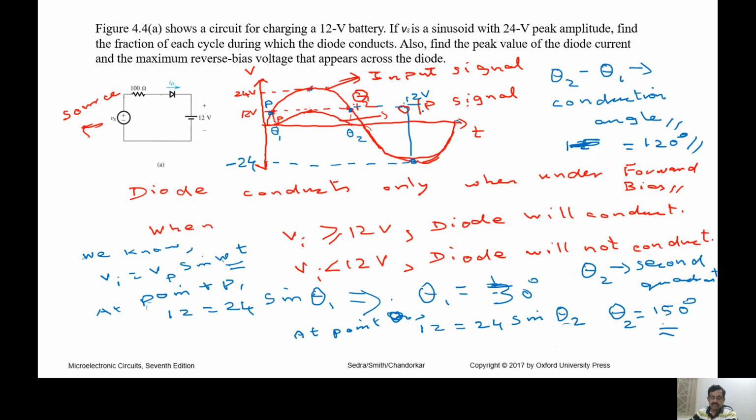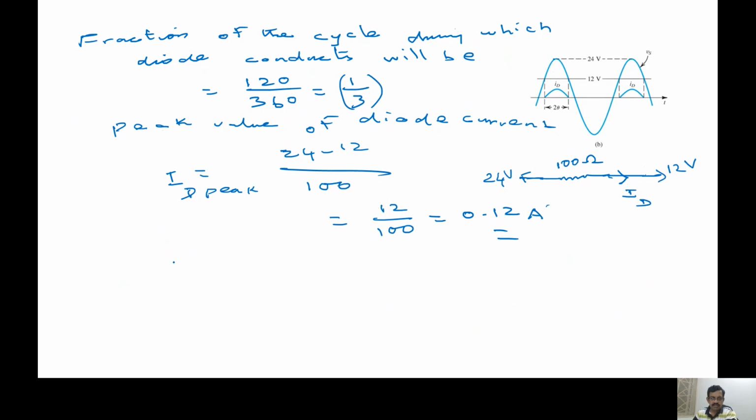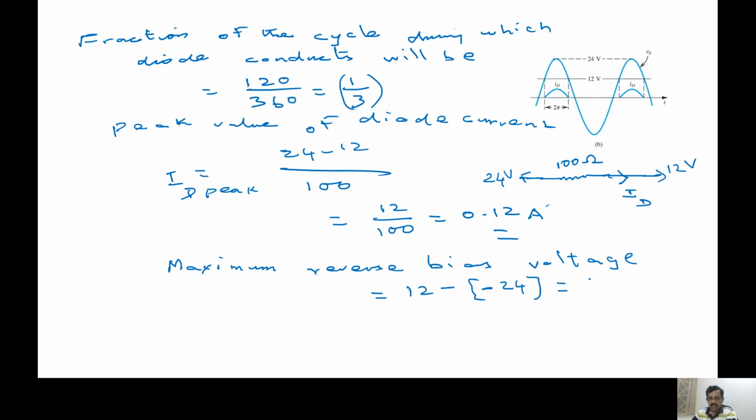So the maximum reverse bias voltage will be 12 minus, it's in the negative, so 12 minus the potential difference, like you are measuring minus 24, so that will be 36 volt.